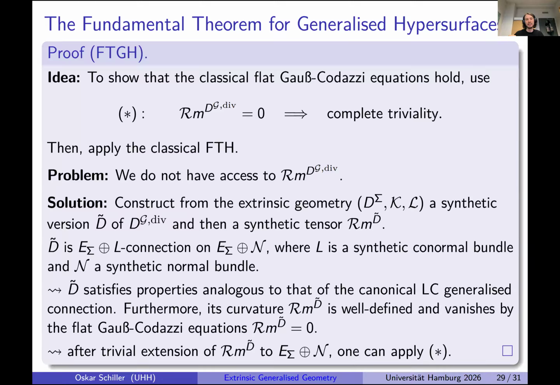And it has to be on E sigma plus N, because this is actually to be expected. The connection that we want to replicate here is a connection on the ambient space, and so to replicate the ambient space, we add this synthetic normal bundle.